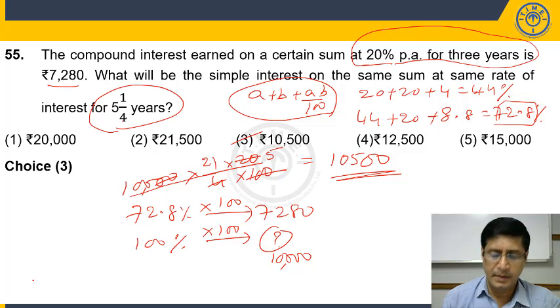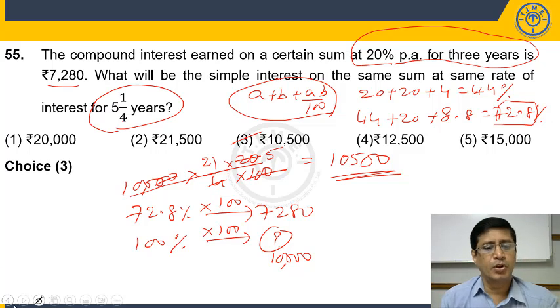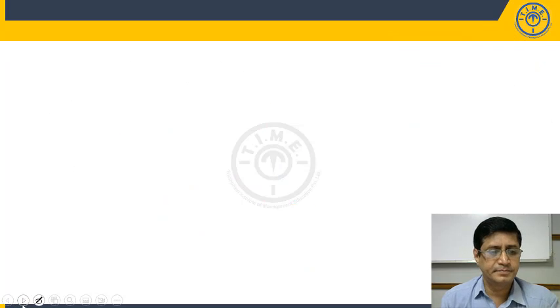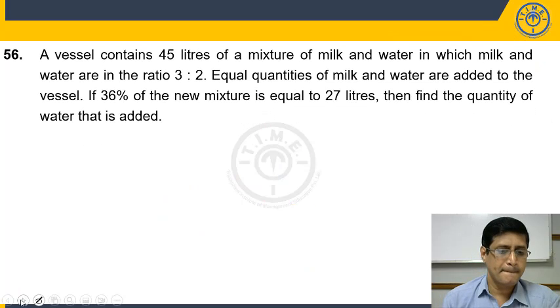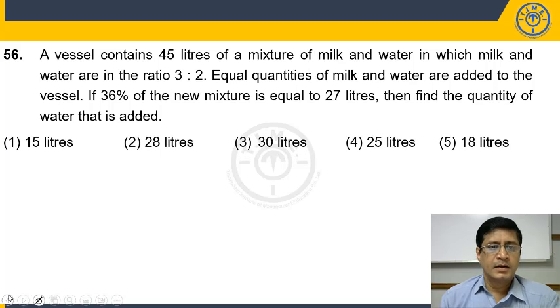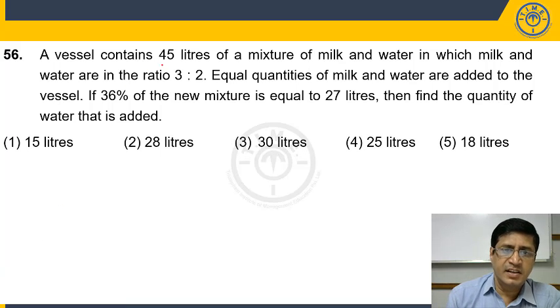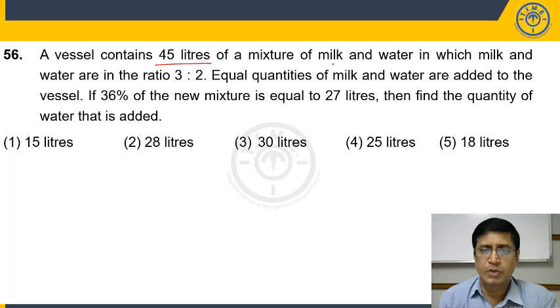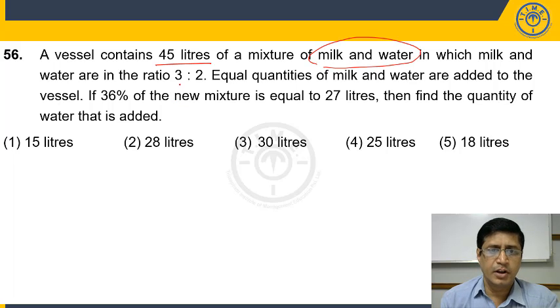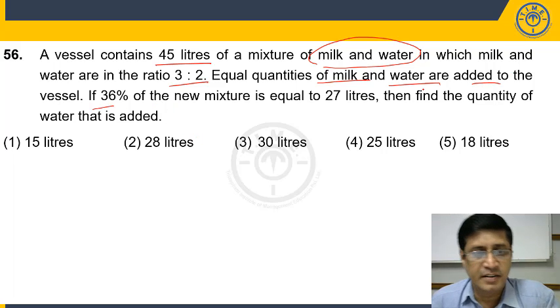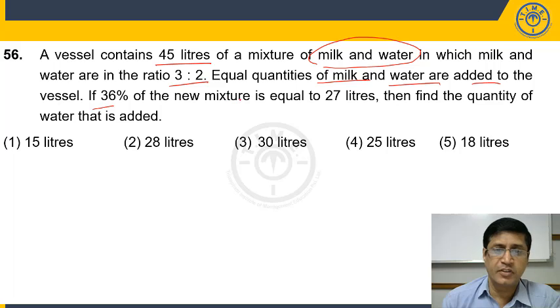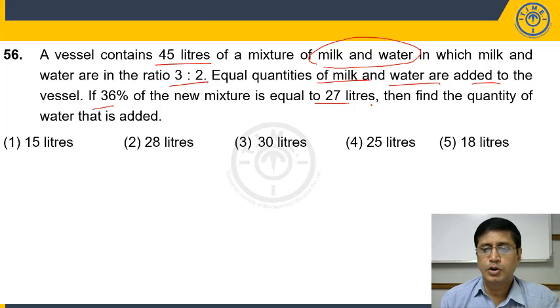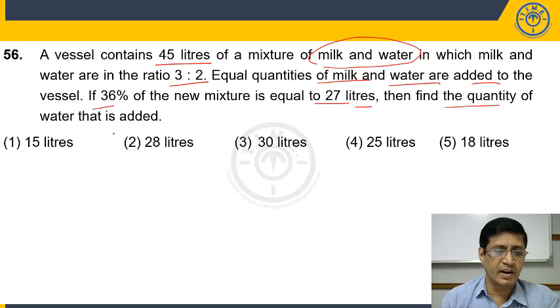Okay. Now look at the next example on your screen. A vessel contains 45 liters of a mixture of milk and water. Equal quantities of milk and water are added. If 36% of the new mixture is equal to 27 liters, then find the quantity of water added.